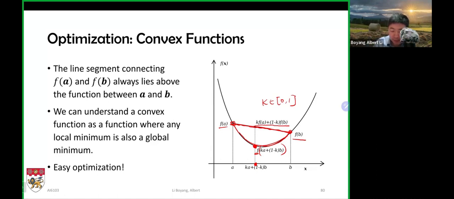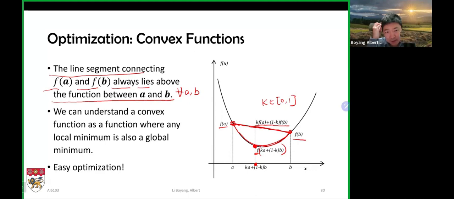That is to say, the line segment connecting f(a) and f(b) always lies above the function itself between a and b. So this is the definition of a convex function, and this should be true for any a and b within the domain of f(x).